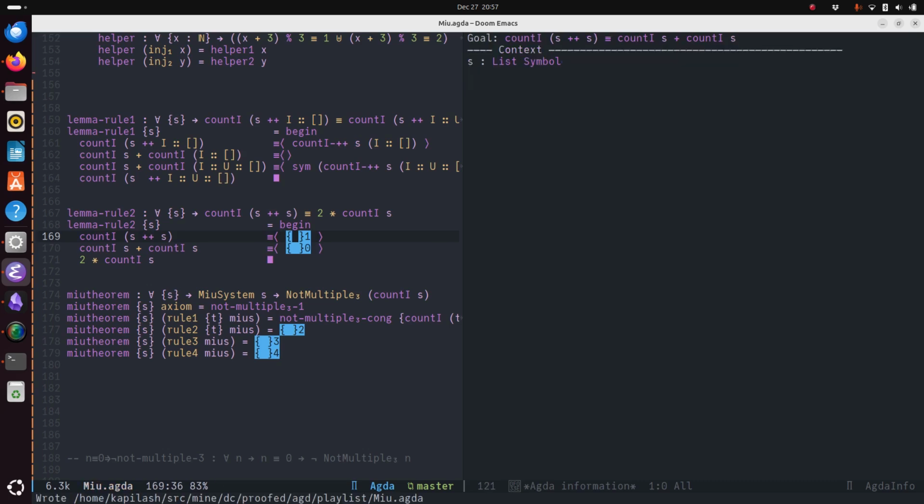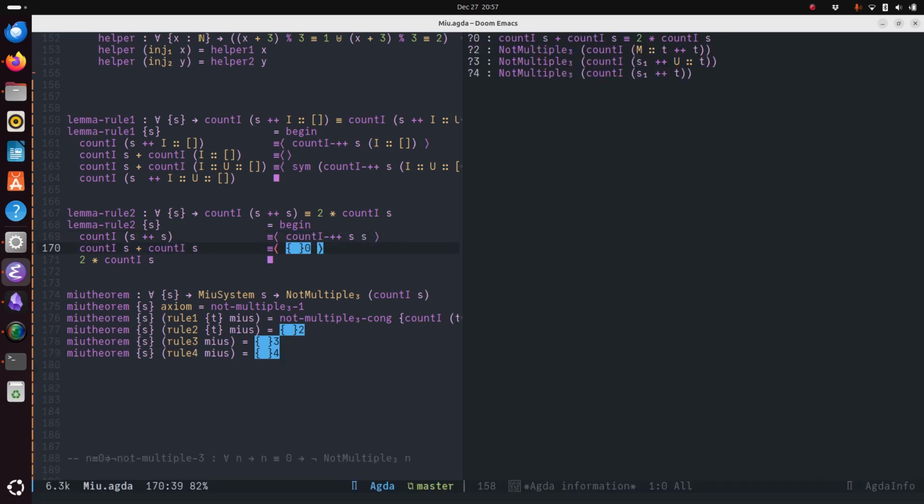Right. This we know, we can prove that this is equal to, now we need to prove that count I of s plus count I of s.